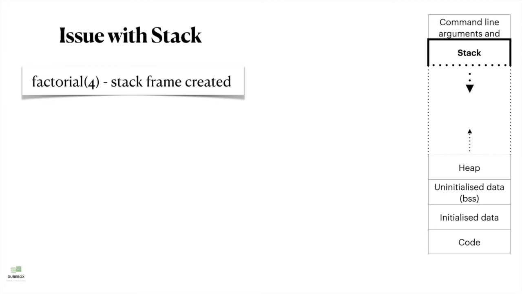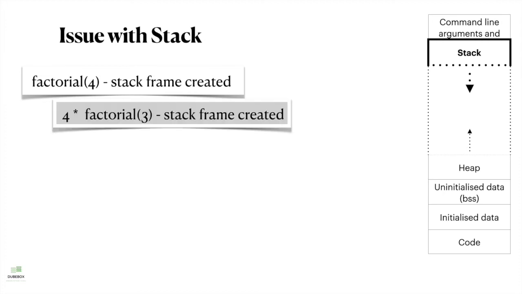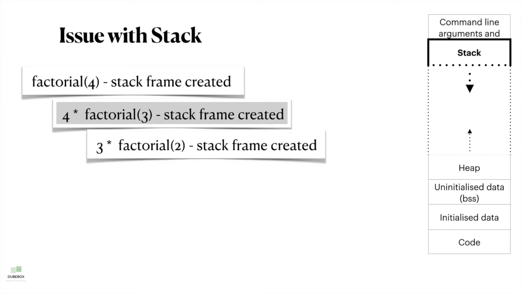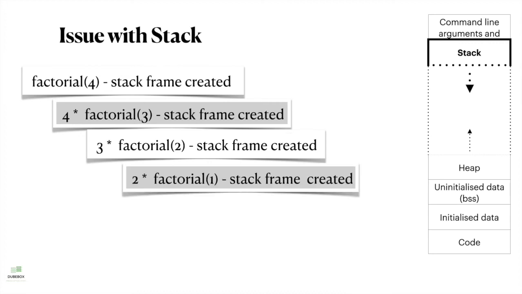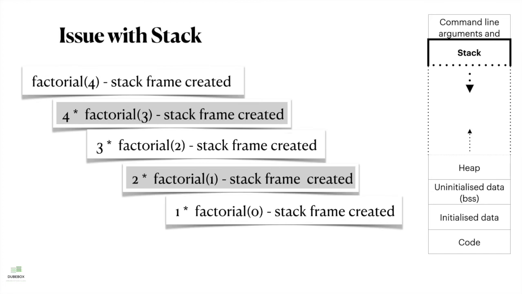Factorial 4 calls factorial 3, so another stack frame will be created. Factorial 3 calls factorial 2, so another stack frame will be created. Factorial 2 calls factorial 1, so another stack frame will be created. Factorial 1 calls factorial 0, so another stack frame will be created.